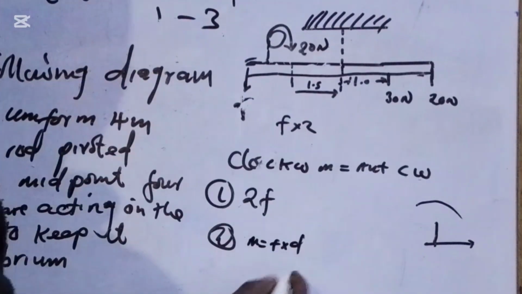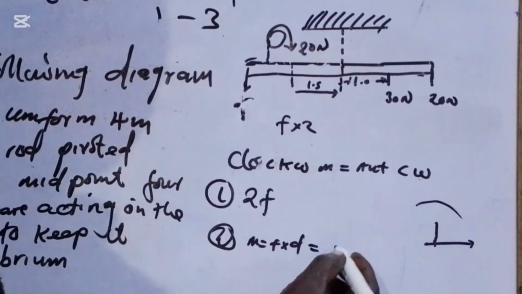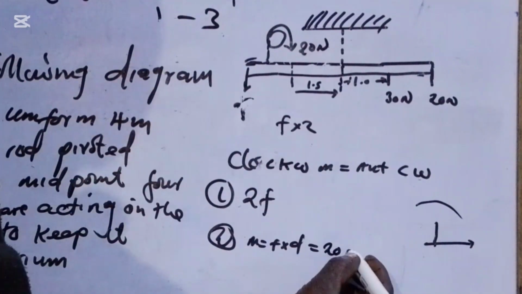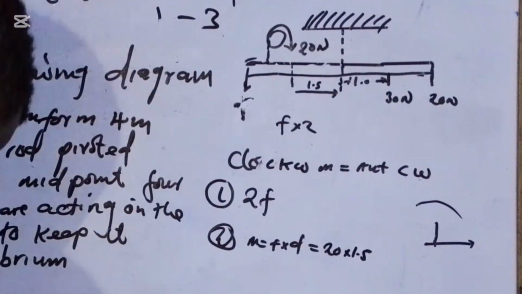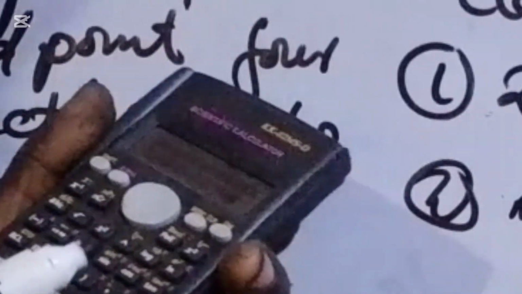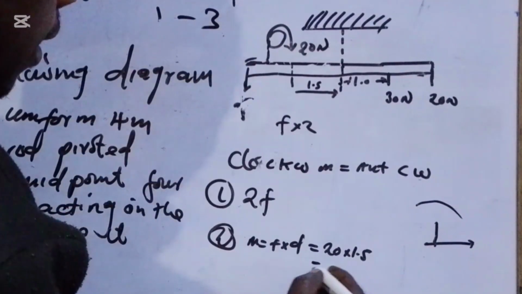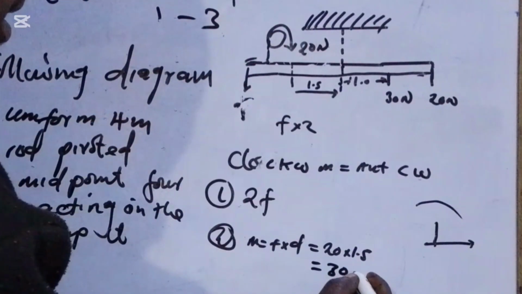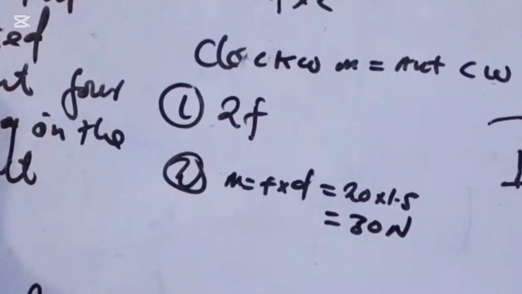So for the second parameter we are going to multiply, because moment is equal to force times the distance, which is 20 times 1.5. Okay, 20 times 1.5 you are going to have as 30 Newton. This is our second force here.